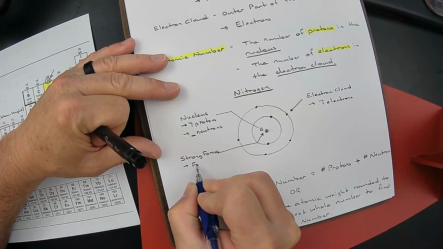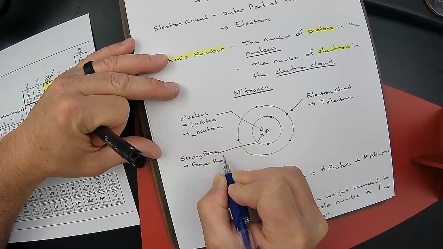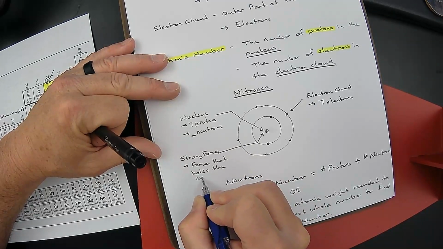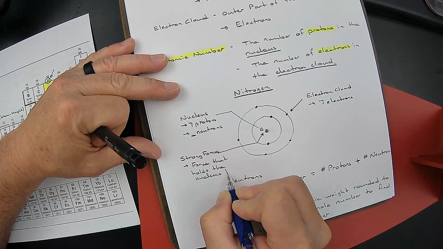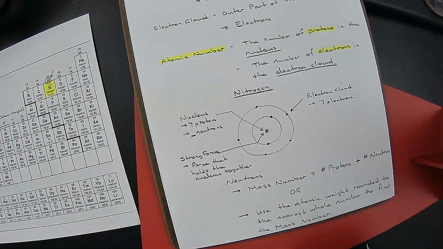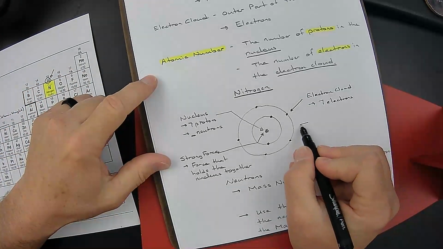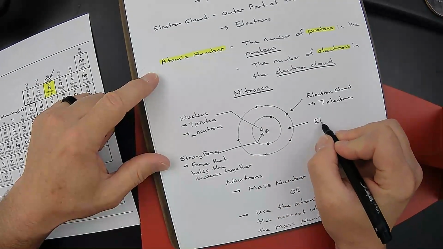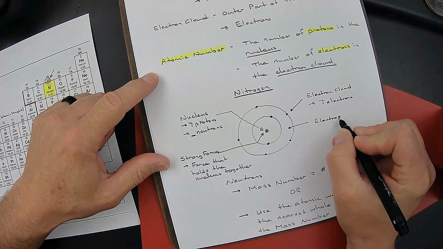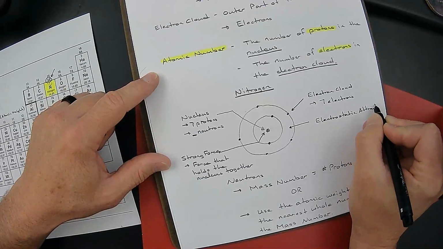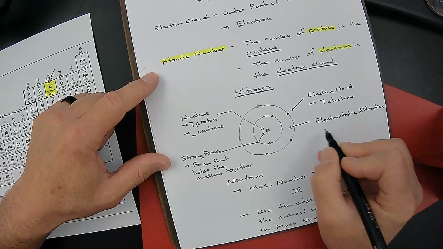And the force that holds the electron cloud together is called an electrostatic attraction.